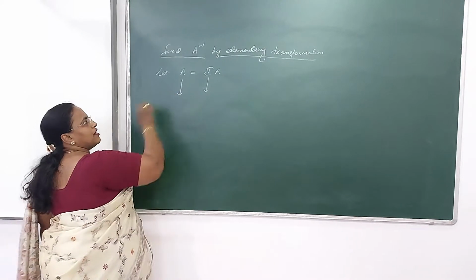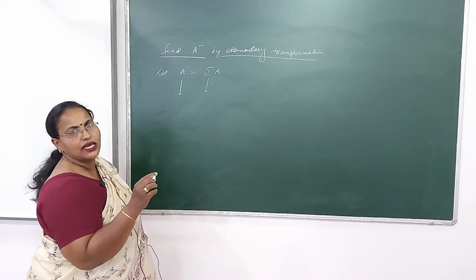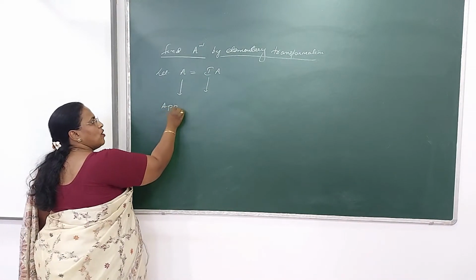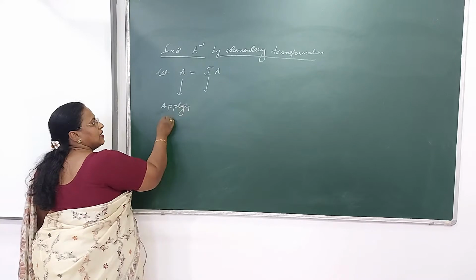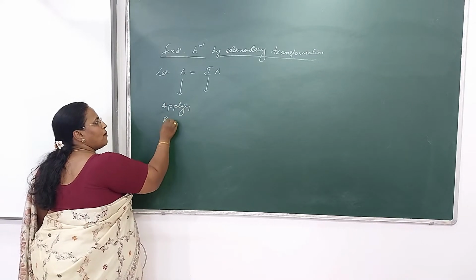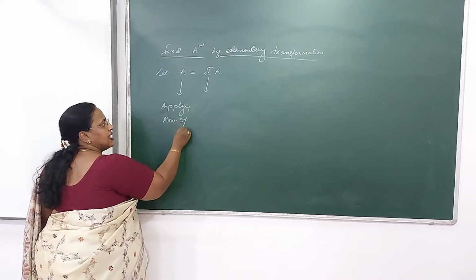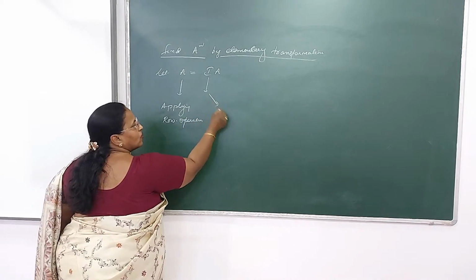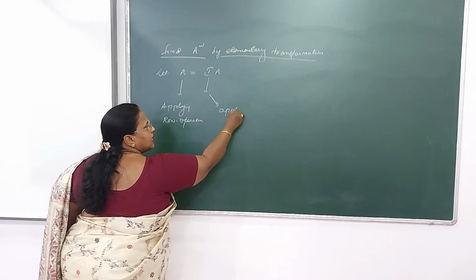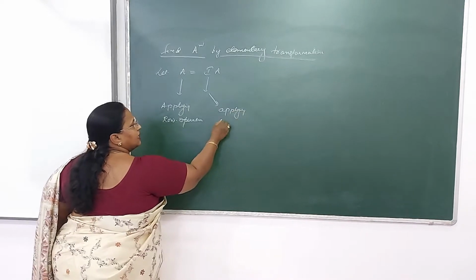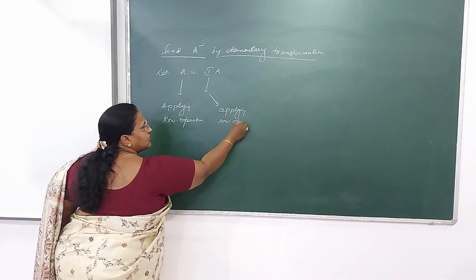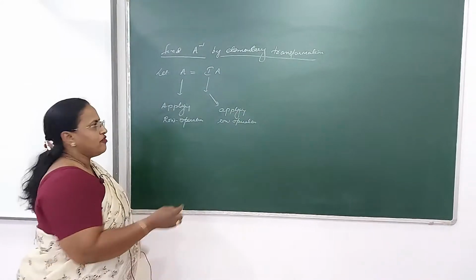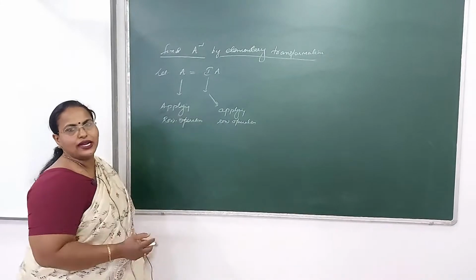Now to this particular matrix, you will be applying the row operation. Whatever row operation you are applying here, exactly the same you will be applying to this also. Like if you are interchanging any two rows, exactly the same you will be applying here also. If you are adding, then there also you add.